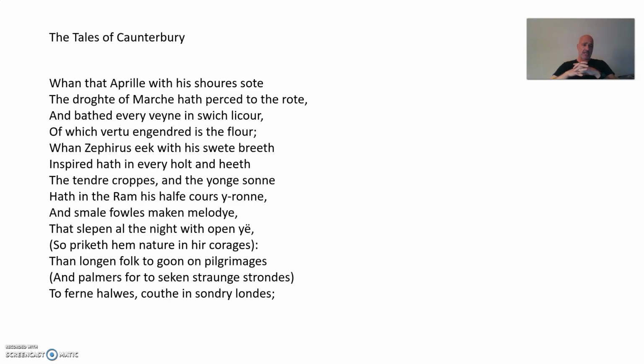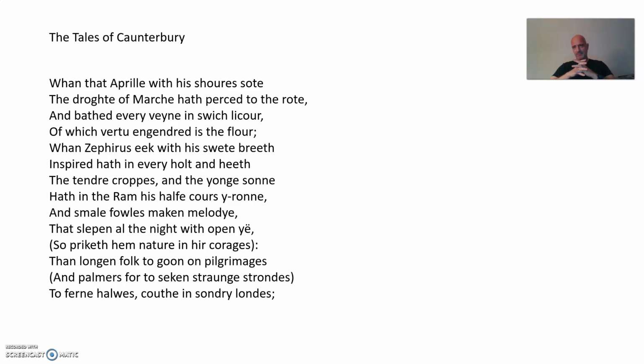And Zephyrosec with his sweat breath, and spirit hath in every halt and hath the tendre groppes, and the younger sonne hath in the ram his halve course runne, and smale voelen smaken melodie that slepen alve nicht with open ear. So pricketh hem natuur in hier courages, than longen volk to gaan on pilgrimages, and palmers for to seken, straungers strondes to ferne halwes, cooth in sunry londes.